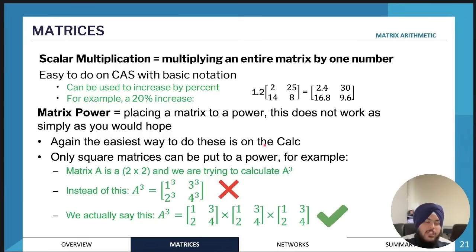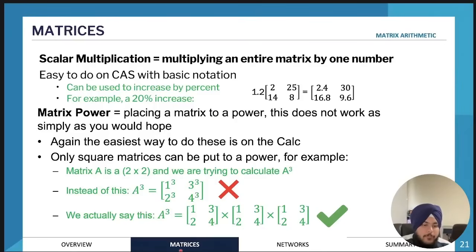And then another thing that you need to know is matrix powers. You won't see this very often, but just in case, if we're putting a matrix to a power, so for example, A to the power of 2 or A to the power of 3, it's not as simple as putting all the numbers in the elements to the power of 3.